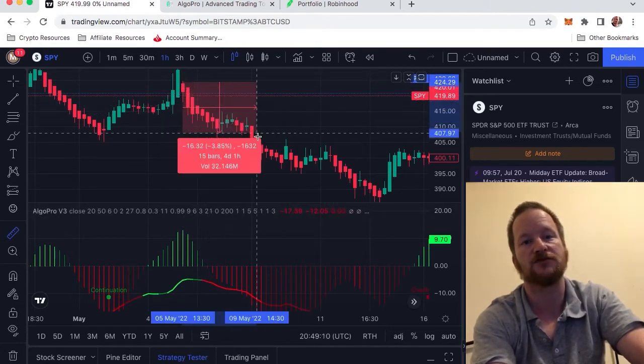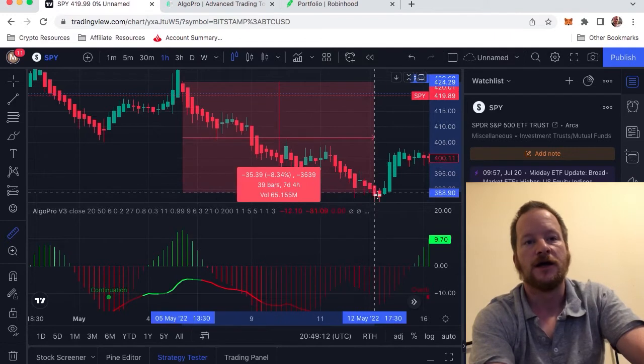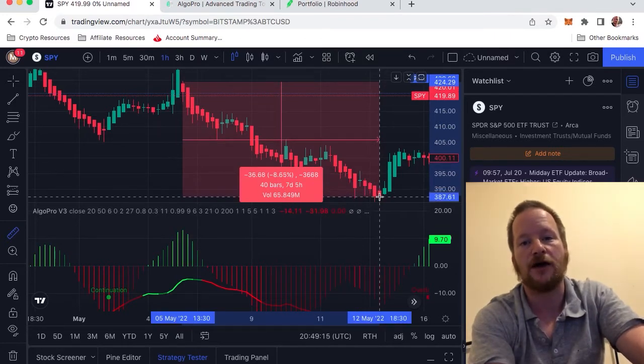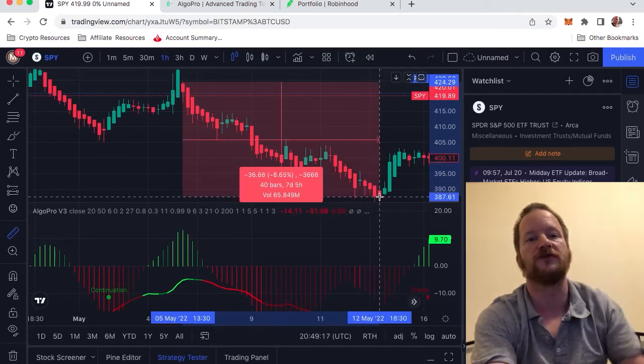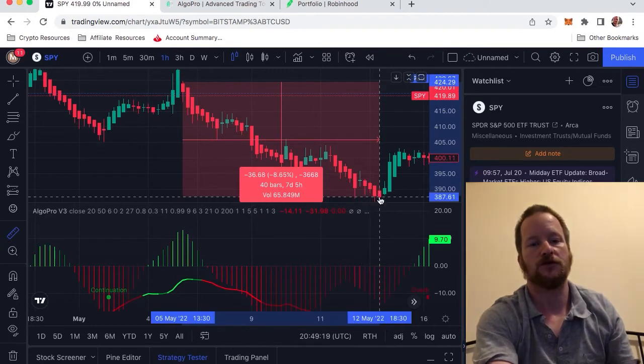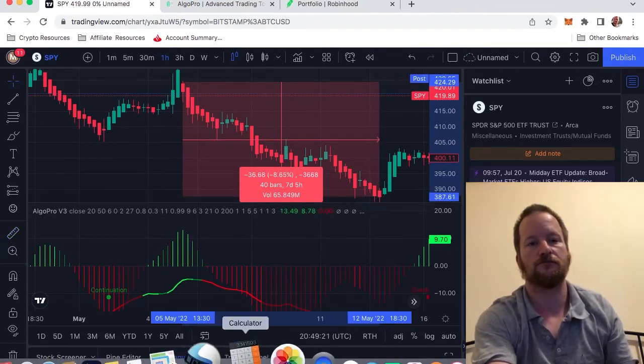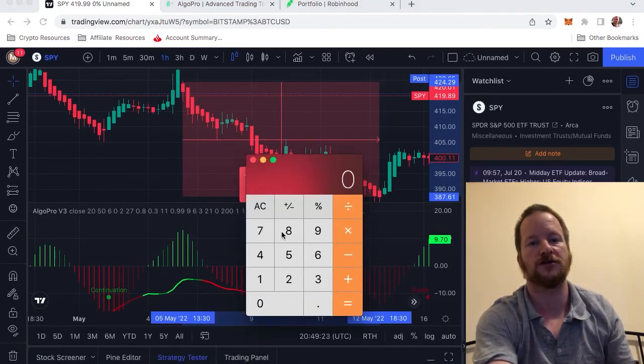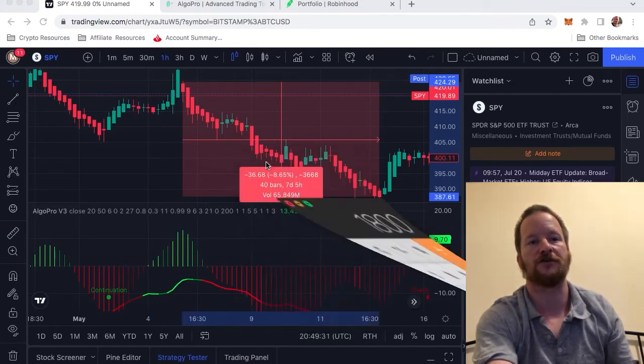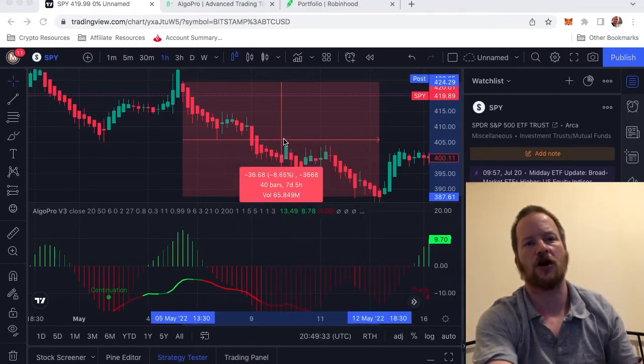And this would have been a massive gain right here. It went down 36 points, so 36 points would be a lot of money. 36 times around 50. That's almost $2,000 because you caught the bottom. Yeah, you caught it going down. So this is around 2,000 in seven days.